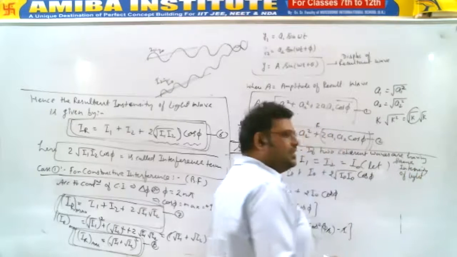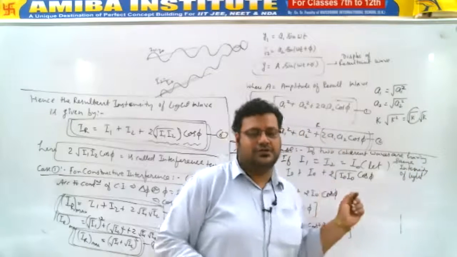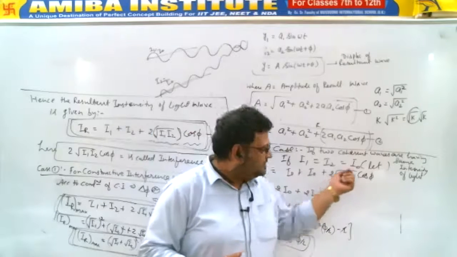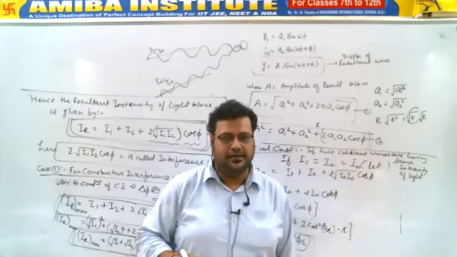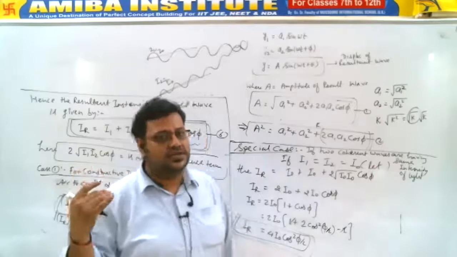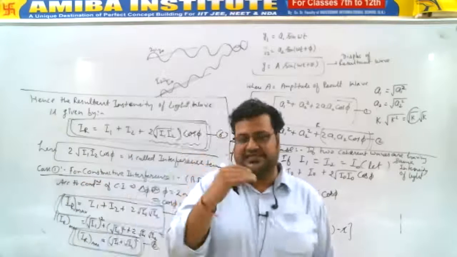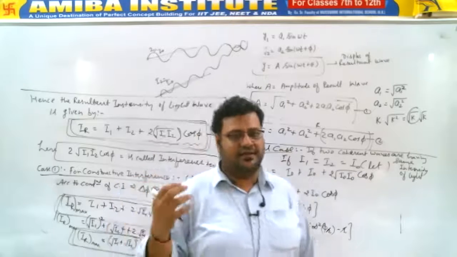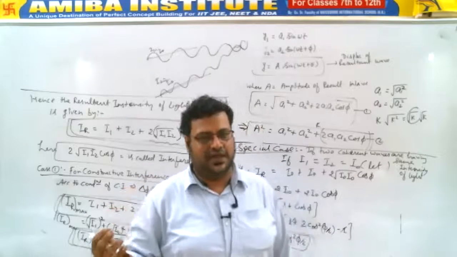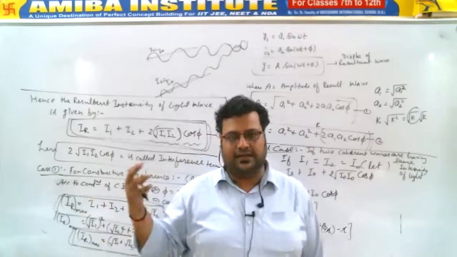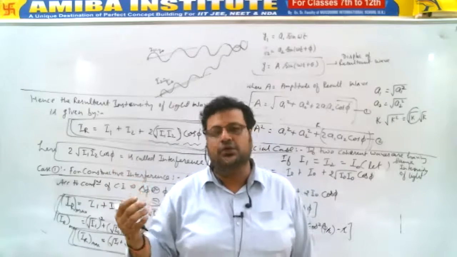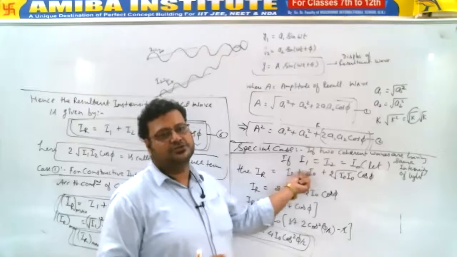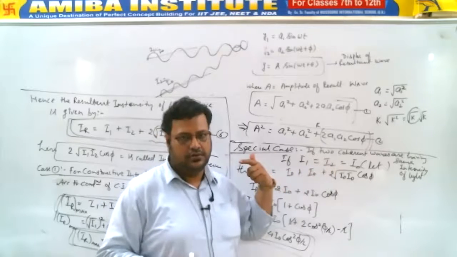Generally, those waves which are coherent will give you the same intensity of light only, right? So in general questions, if this is not written and you are directly asked what is the resultant intensity of the light without being given I1 and I2, you need to take by default I1 equal to I2 equal to I0, right?